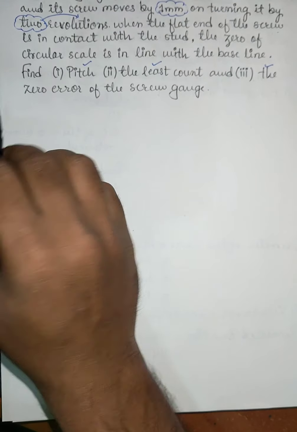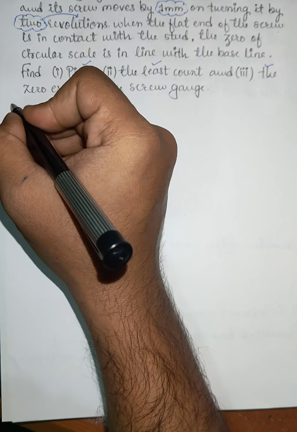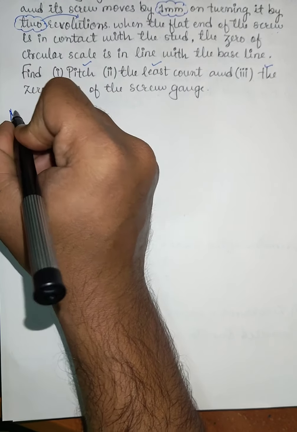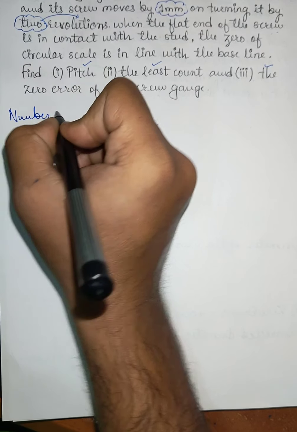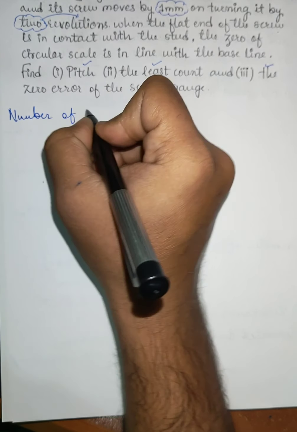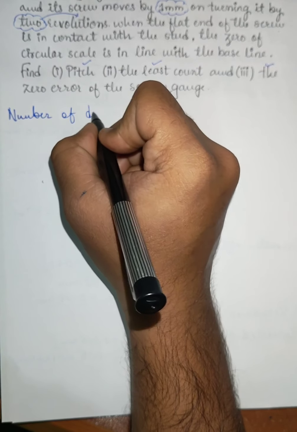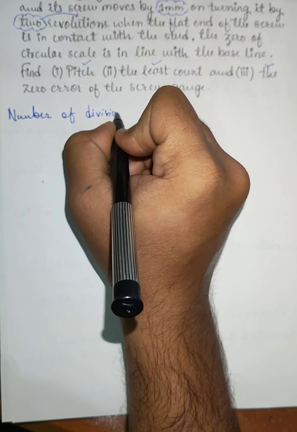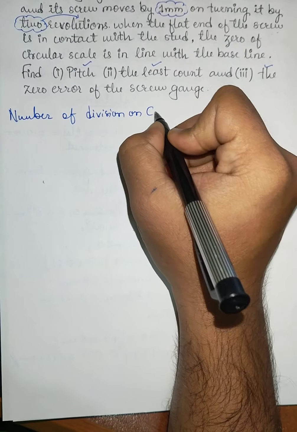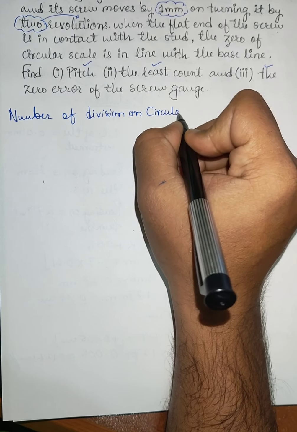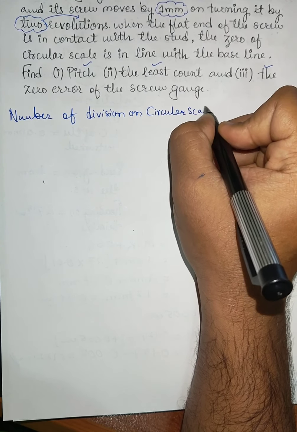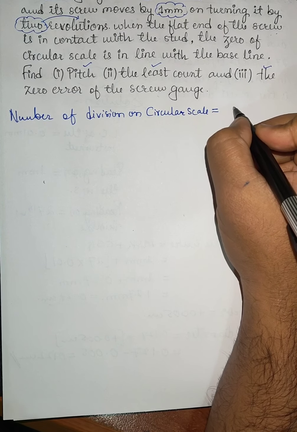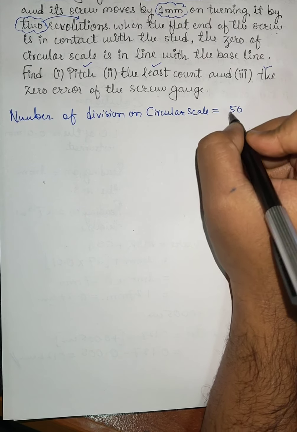So we'll first write the data we have. The number of divisions on the circular scale is equal to 50.